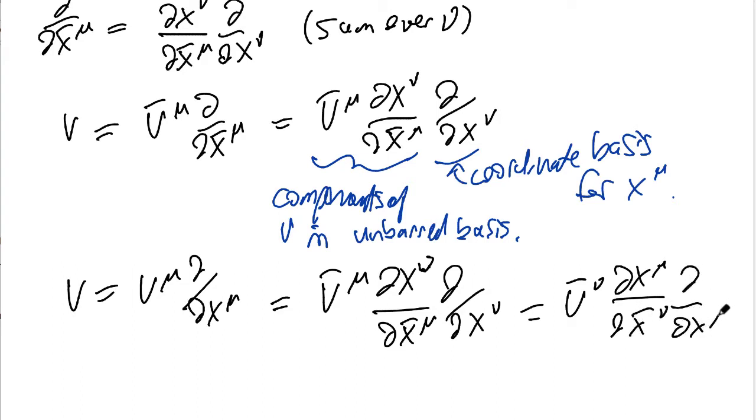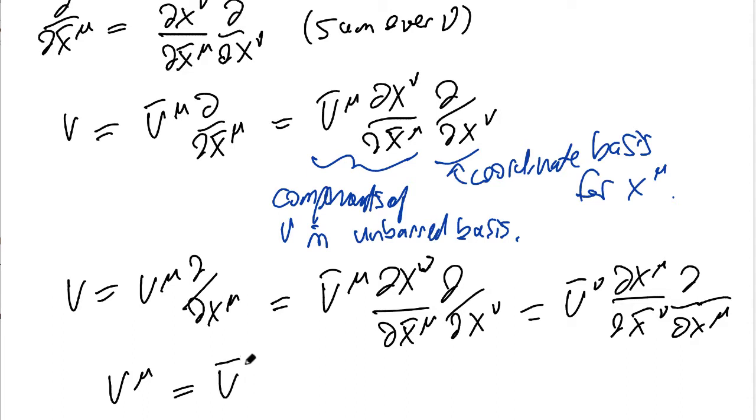by dx mu. Now, one of the reasons I wanted to swap indices like that is because notice I have the basis vectors d by dx mu here, and now we have the same symbols here. So I'm going to strip off the coefficients, and now write the component of the vector v in the unbarred coordinate basis as this expression.